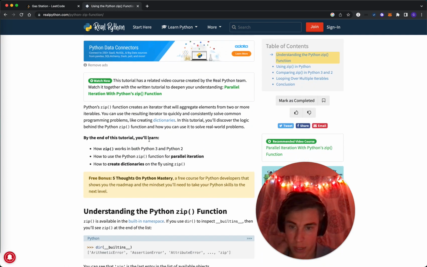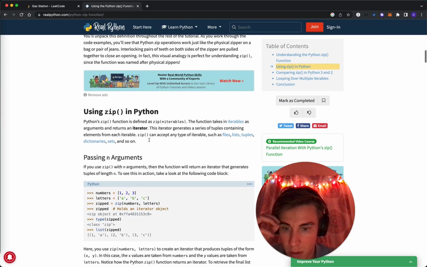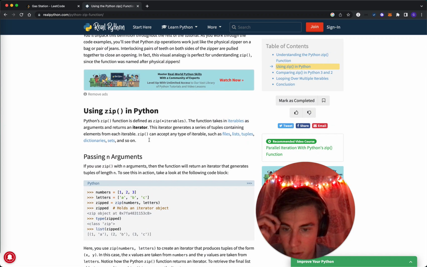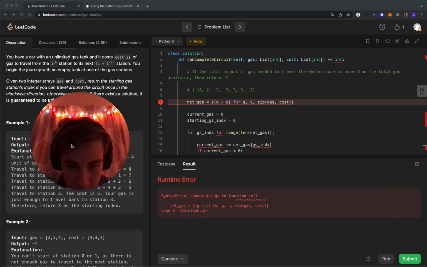This is nonsense. How does zip work? Do I not have the zip? Unbelievable. Function calls until it cannot assign a function call.